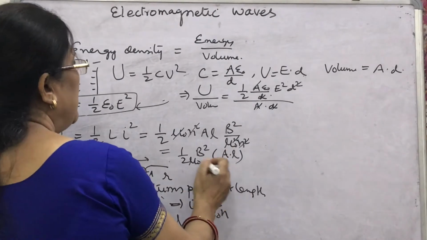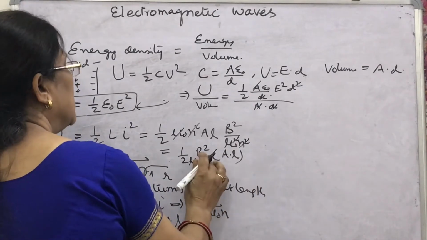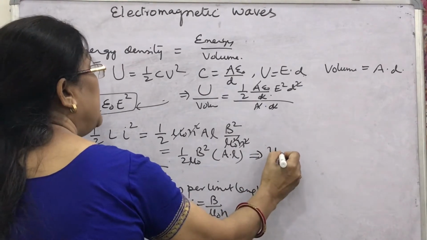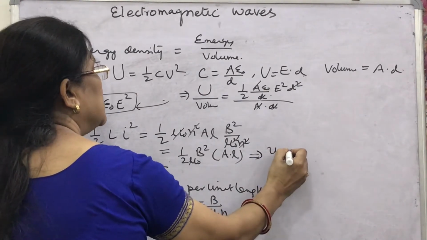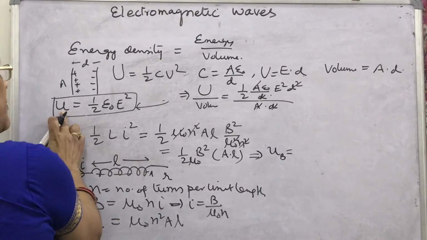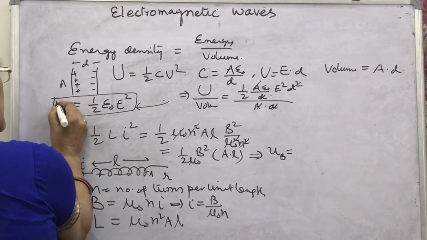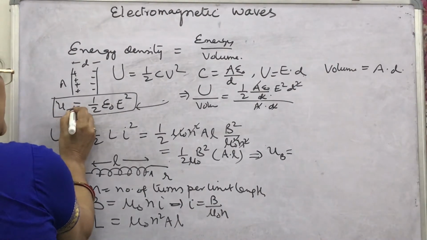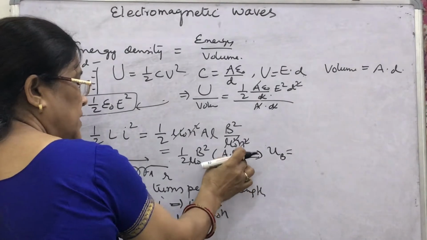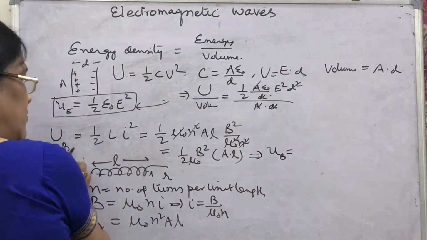Then what will you get here? This magnetic energy per unit volume is written by small u. Here, electrical energy per unit volume is small u, and I am writing E for electrical, B for magnetic. Per unit volume means you divide by the volume.